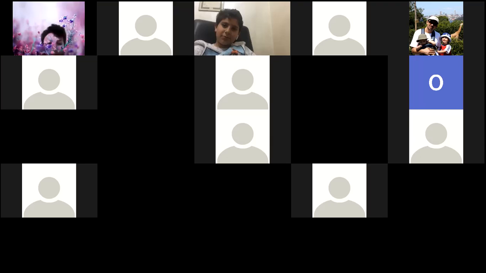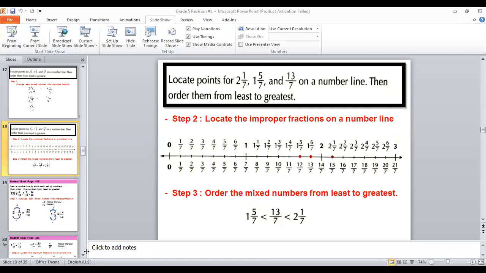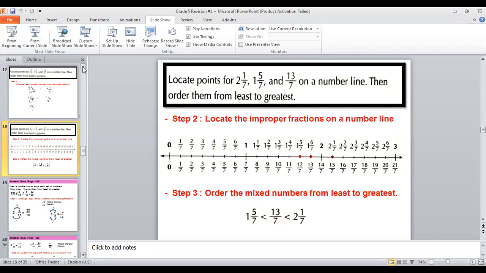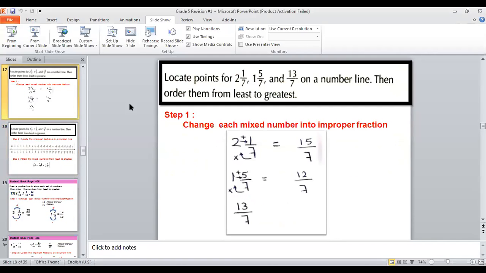Okay, Wasim. Can you go back to the PowerPoint? Okay, I will. Yes, Wasim. Up, more up. You mean this question? Yes. Can you make the 13/7 an improper fraction into a mixed number?